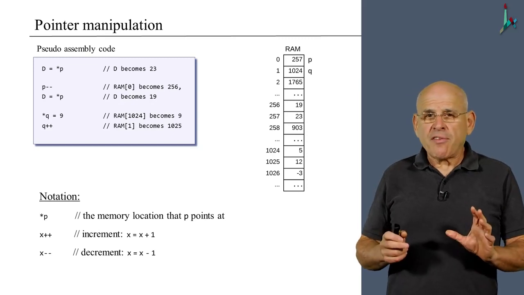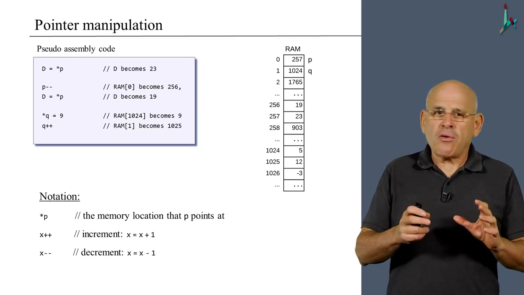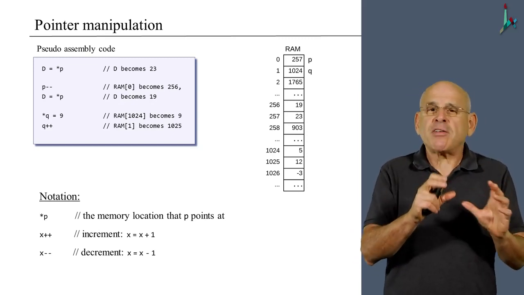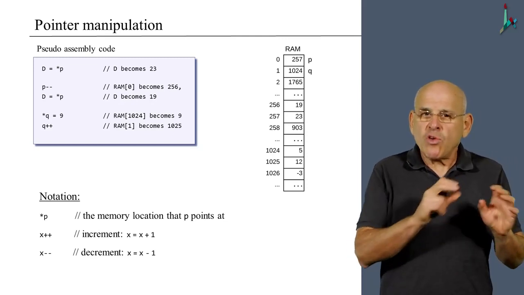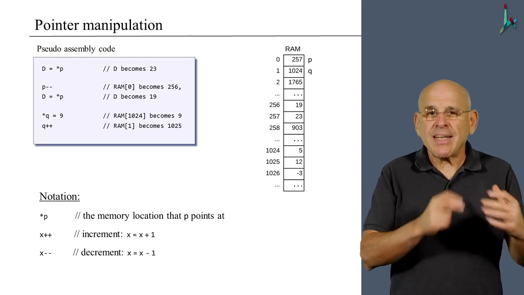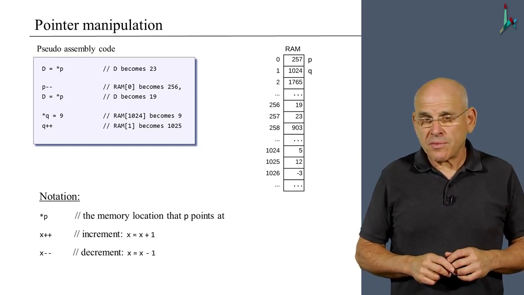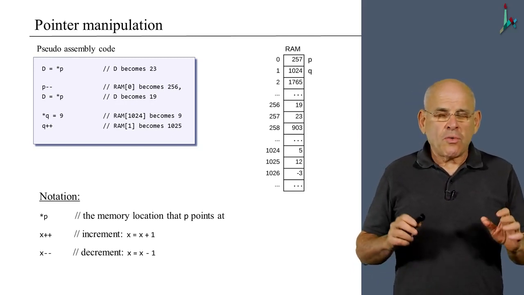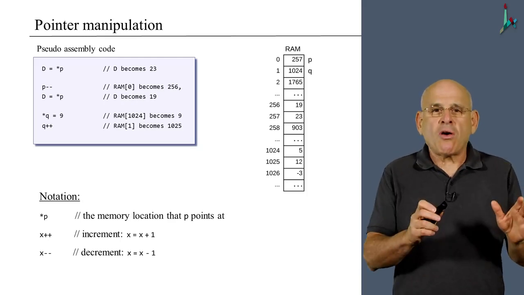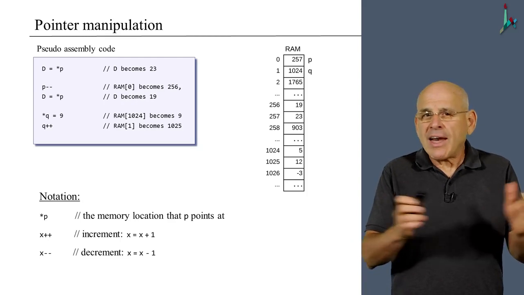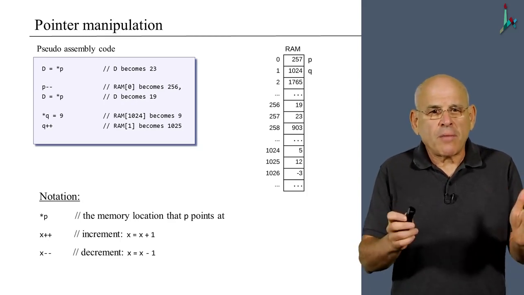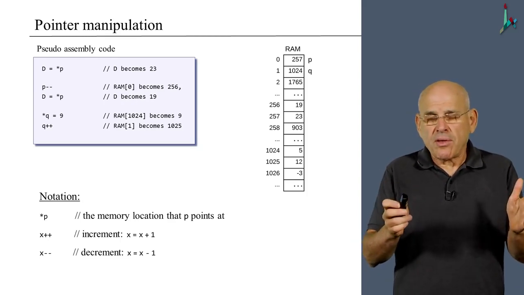Now you may ask yourself, why am I showing you these two particular pairs of commands? Well, it so happens that these two pairs of commands will be used extensively in what follows. So I wish to once again emphasize that what we saw in this example so far is high-level, or I call it pseudo-assembly code.